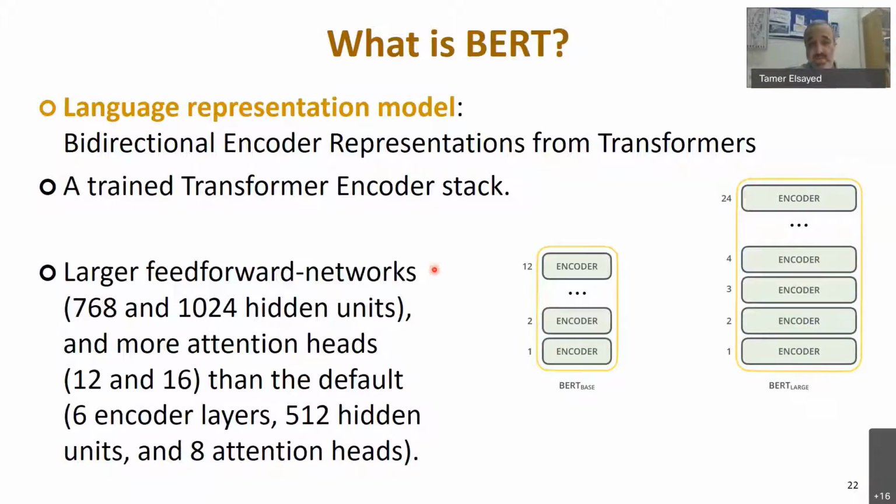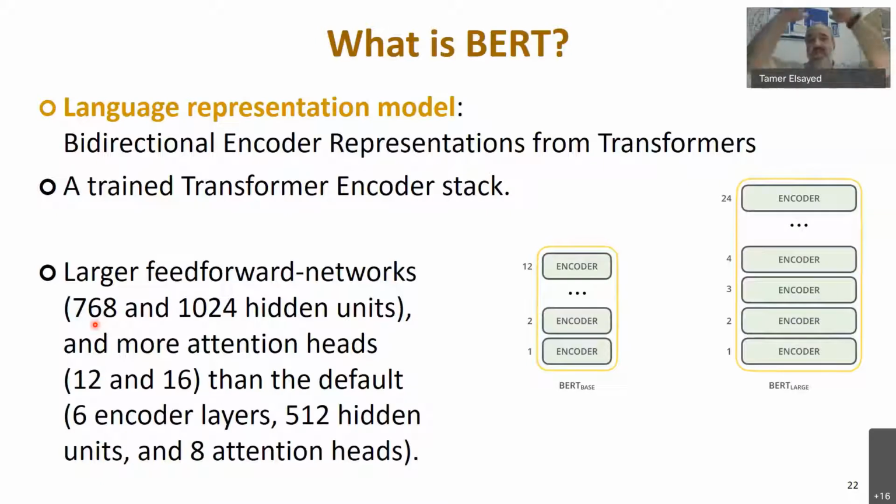The feed-forward networks, they have two versions, and I'm talking about these two versions here, base and large. One that provides 768 dimension for the embeddings, which is the hidden units. By the way, the embeddings always are the output of the hidden layers.